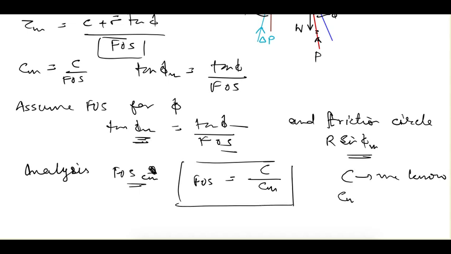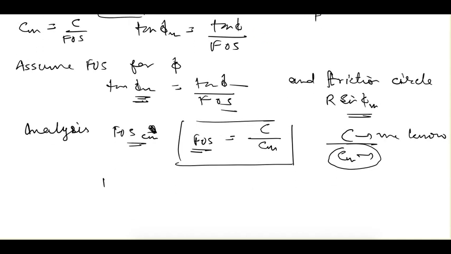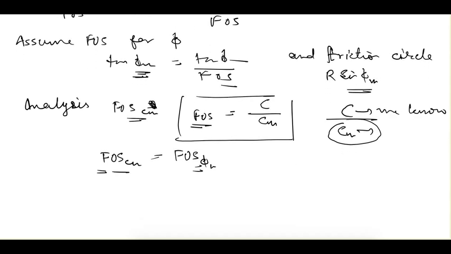If we can find out the mobilized cohesion and divide the two, we can obtain the factor of safety against cohesion. Now if this factor of safety against cohesion is equal to the assumed factor of safety, that is for the internal angle of friction, it means that our assumed factor of safety is correct, and that is our required factor of safety.